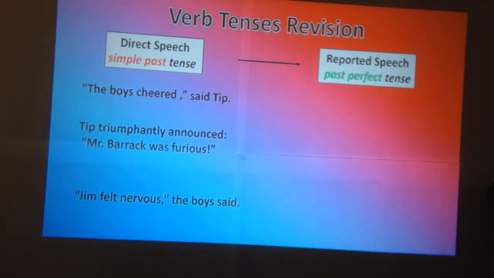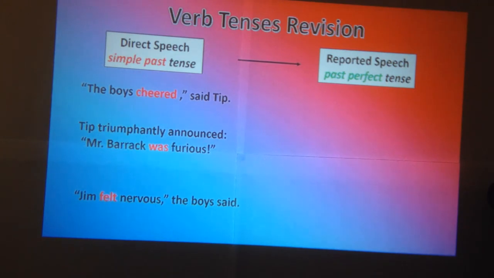Okay, some more examples. "The boys cheered," said Tip. Tip triumphantly announced, "Mr. Barrack was furious." "Jim felt nervous," the boys said. So you can see that these are in simple past tense.